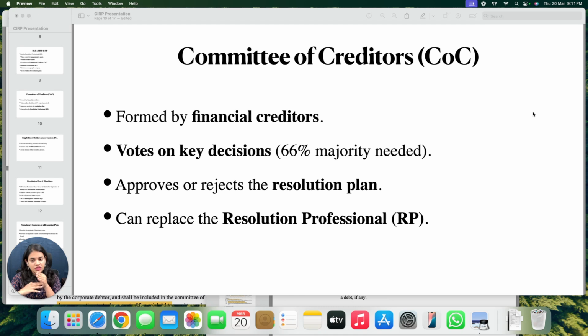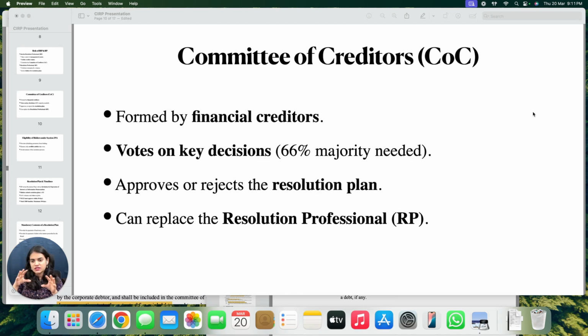And to the extent of the operational debt owed to them, they will be considered as operational creditors. So the voting share that they will be possessing is going to be towards only to the extent of the financial debt owed to them.